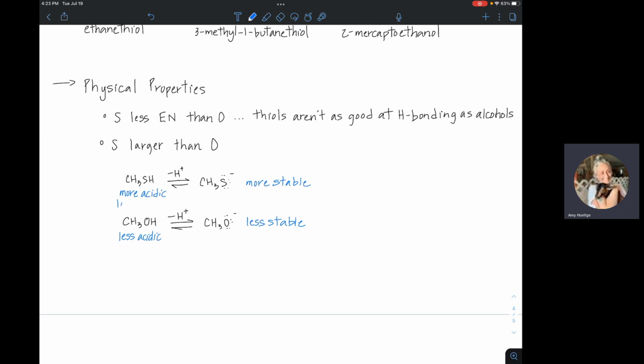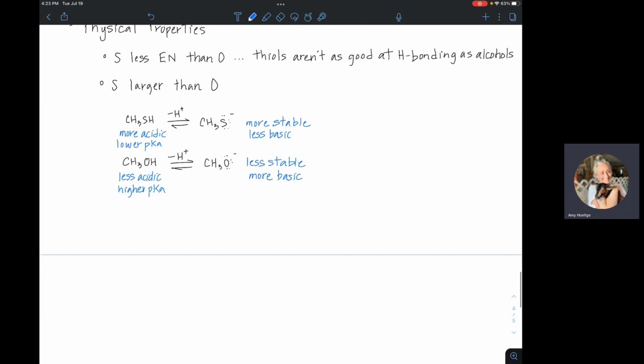This will have a lower pKa. This would have a higher pKa. If this is more stable, it's less basic, and this is more basic. That negative charge on the methoxide ion is more localized on the oxygen, spread out over a smaller volume of space.